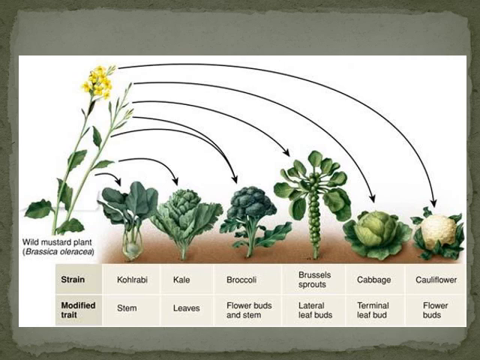That would have been a gradual change over time. The broccoli plants would have got bigger and bigger and bigger and would have looked more familiar to us. I also would like to point out that the wild mustard plant is still alive today as you see it in the picture, and that means that all these varieties of plants are very closely related to one another.